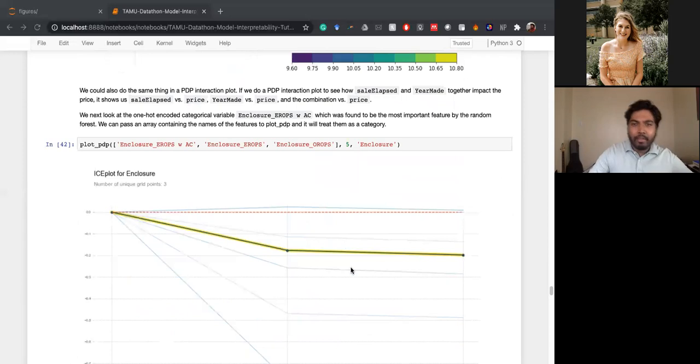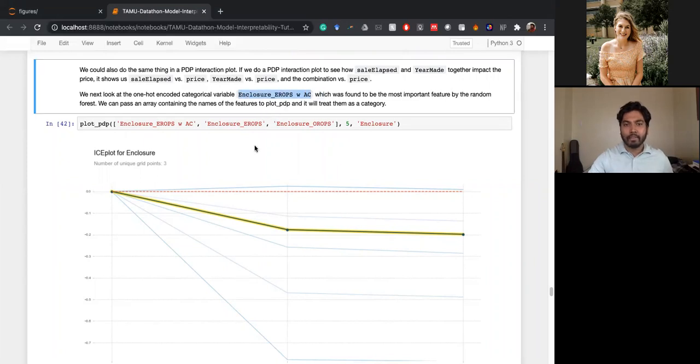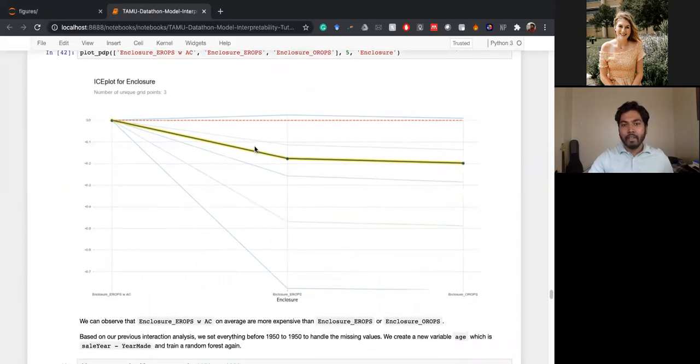Similarly, we can do such an analysis for the categorical variable enclosure. We saw that this was an important variable in our analysis: enclosure EROPs with AC.